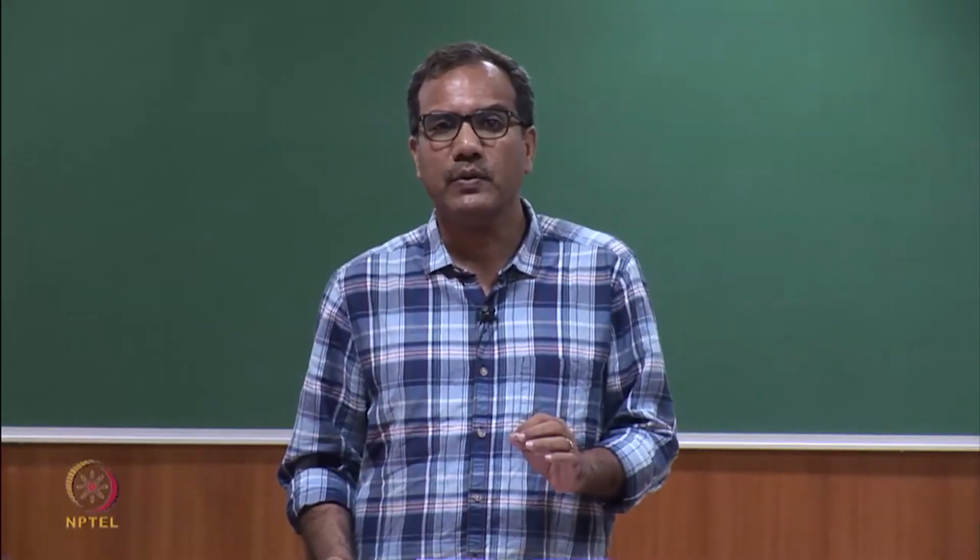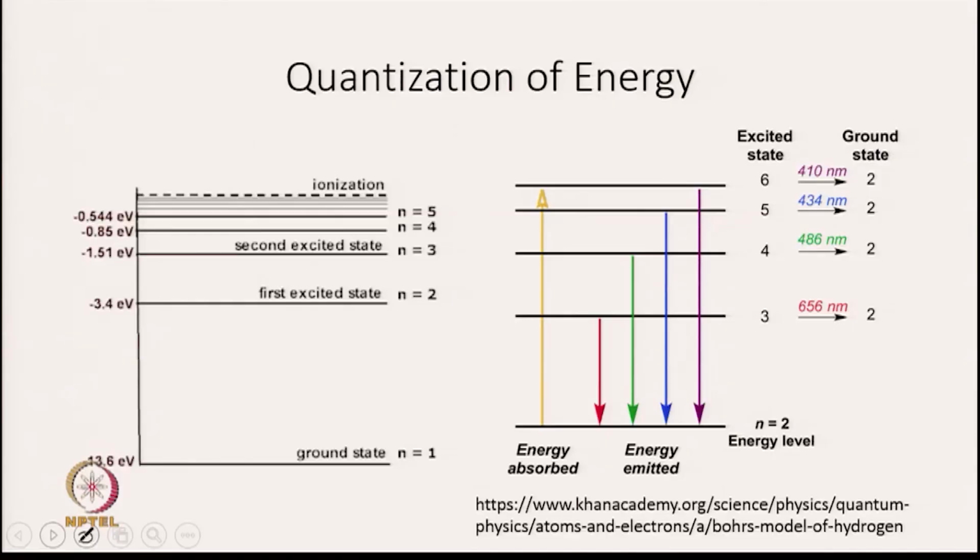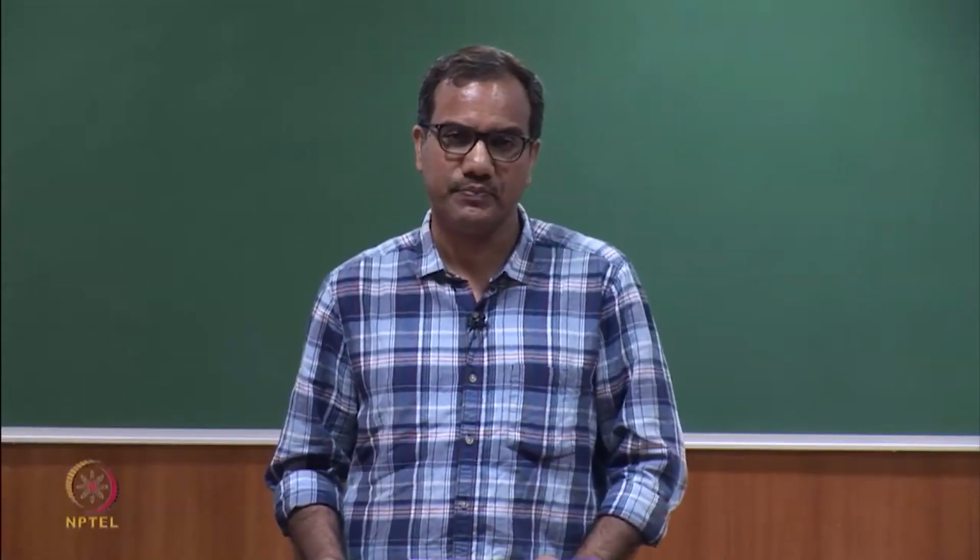Now, let us try to understand quantization a bit more. In the last slide, we saw that an electron absorbs light of certain energy. Now we are going to see what can happen when it tries to emit the energy.